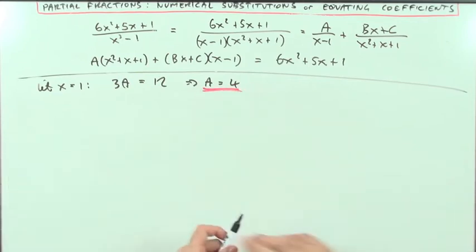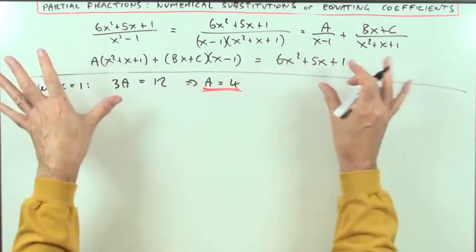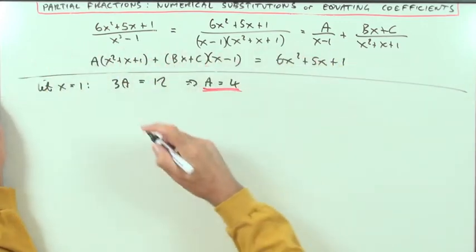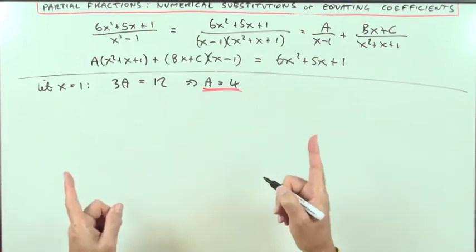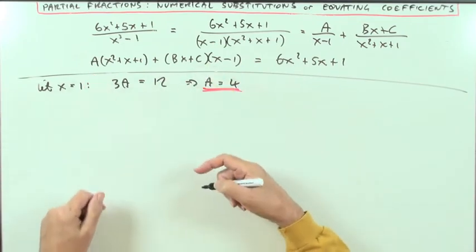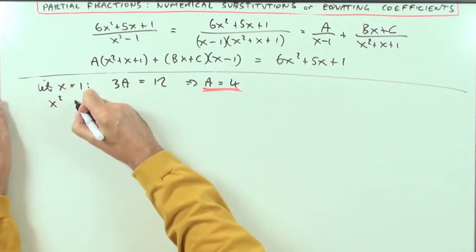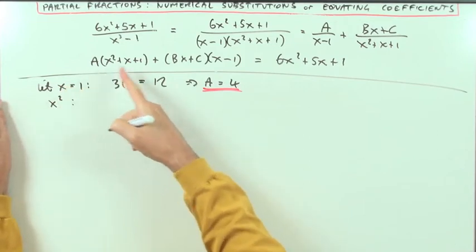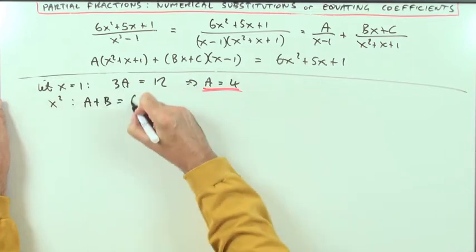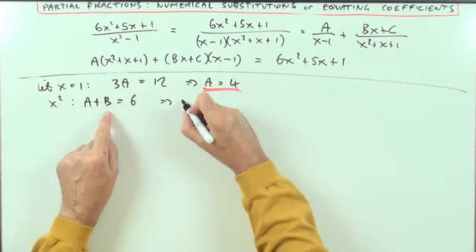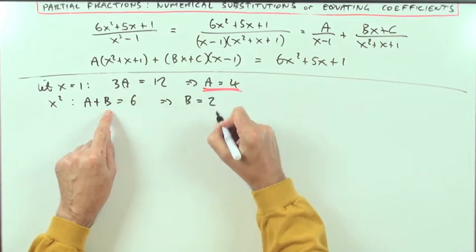And then rather than reverting to numerical calculations for both sides, I would then switch to equating coefficients. Choosing convenient ones though, because sometimes not all 3 are involved. So if I took the x squared terms, there's only an a and a b producing x squareds. A plus b should equal 6. So straight away, since a is 4, I can say b equals 2.